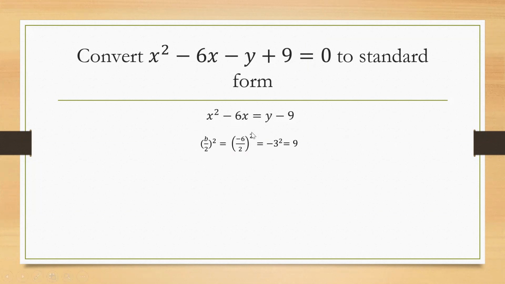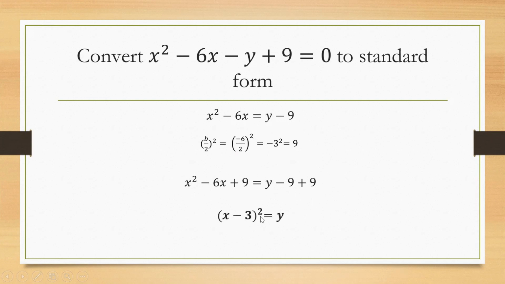And then we divide that by 2 to get -3, and then we square that to get 9. After that, we add 9 to both sides of the equation. So whatever we add here, we also add to the other side.